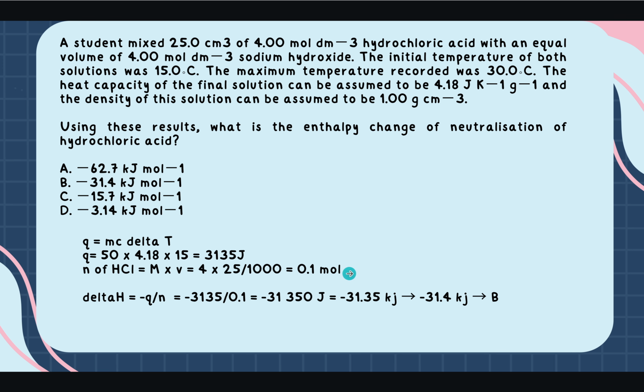And so we insert it into this formula, and it equals minus 31,350 joules, which is minus 31.35 kilojoules, which is option B. So why minus? Because this is exothermic, similar to combustion, so that's why the delta H is negative.